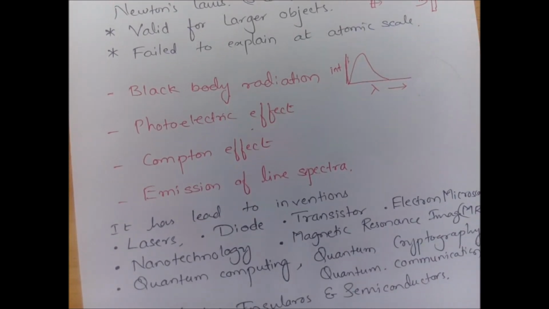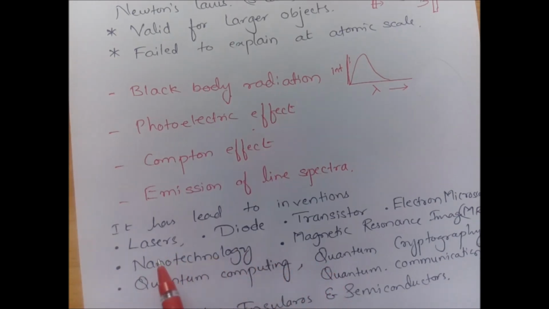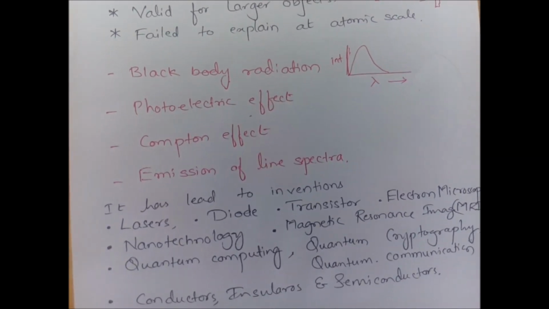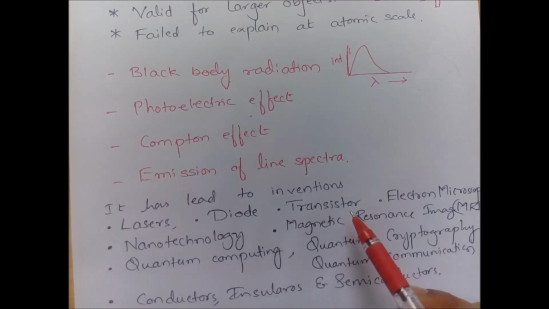Because of quantum mechanics we have lasers, we have diodes. In lasers, we have transitions from the lower energy states. What are the energy states? That can be explained only by quantum mechanics, not with any other theory. And in diodes, what are the holes, how do they behave? And the transistor.